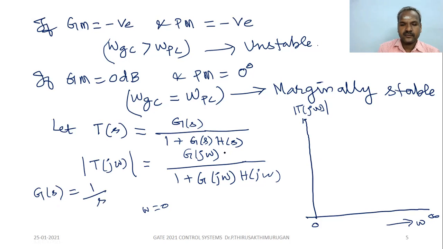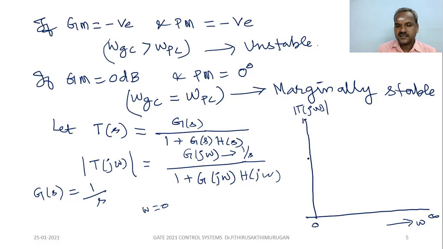If you substitute 1 by S, similarly 1 plus 1 by S, considering H of S as unity feedback, we get 1 by j omega divided by 1 plus 1 by j omega. If you take the LCM, the j omega cancels and it becomes 1.